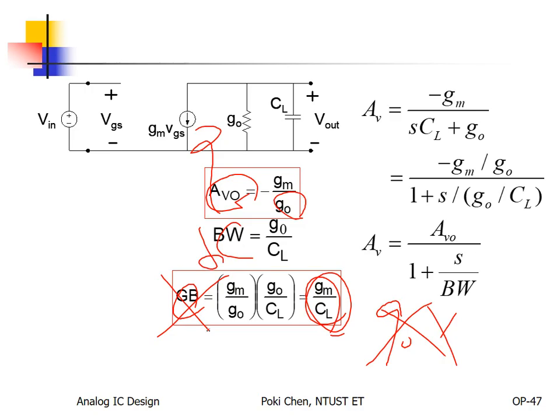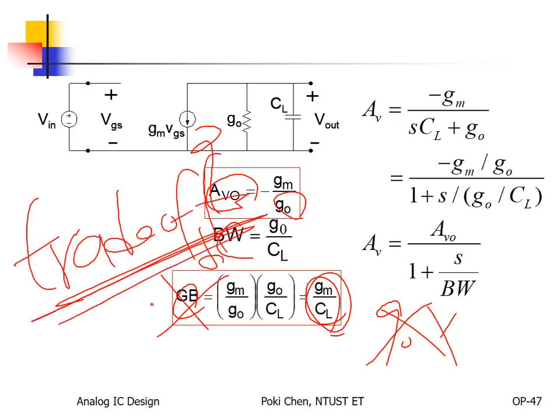Never mind how hard you try to increase your bandwidth, you need to sacrifice your gain. That's it. So you need to do trade-off for your design. Compromise. You need to compromise gain with bandwidth.